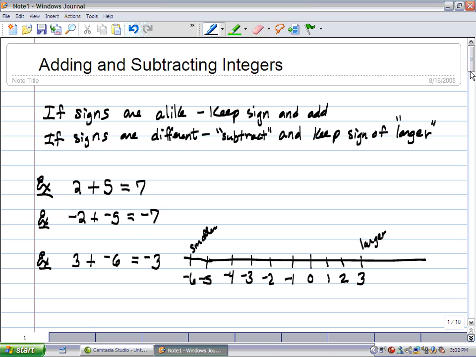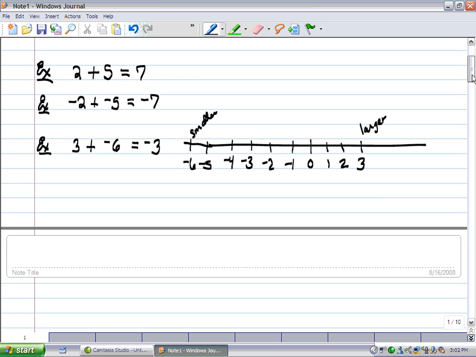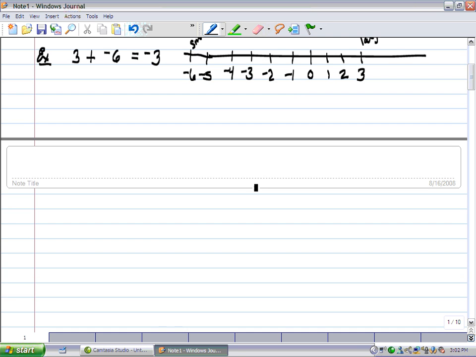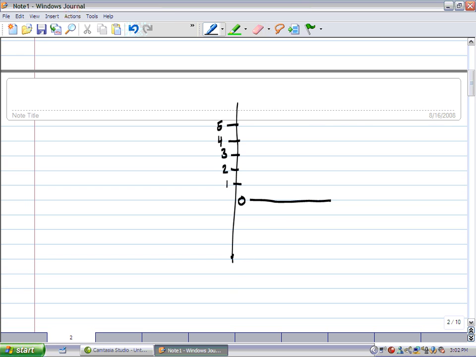In fact, I often think about adding and subtracting these integers as if I had an elevator. And here is 0, the ground floor. And as I go up floors, so I get in the building and go up floors, or I can go down into the sub-basement. Or you could think of this as temperatures.